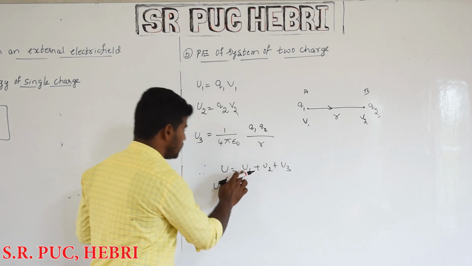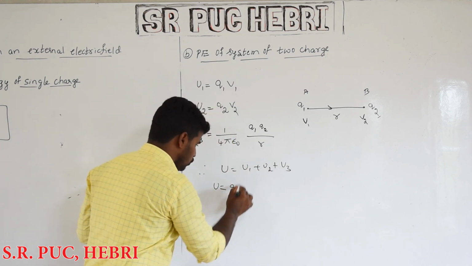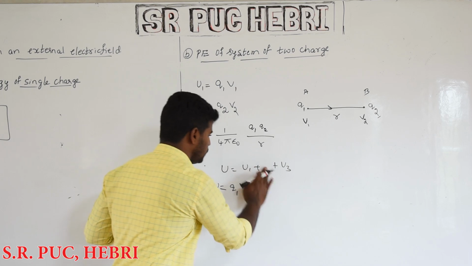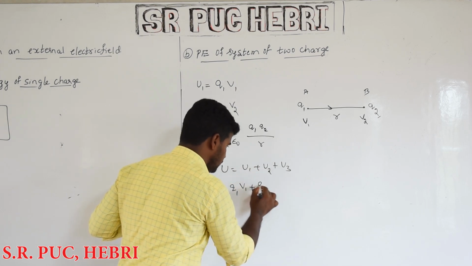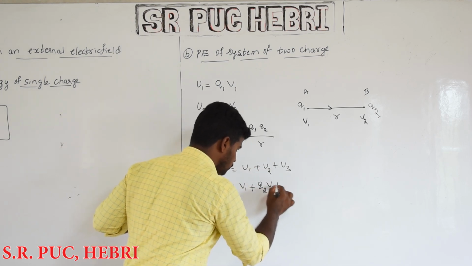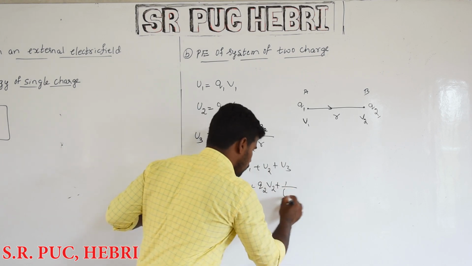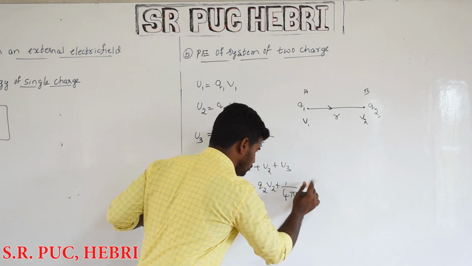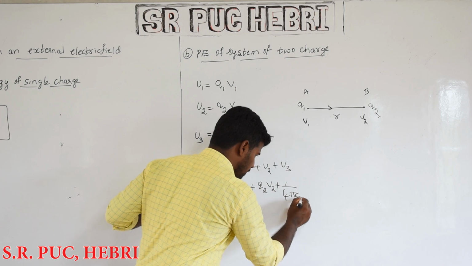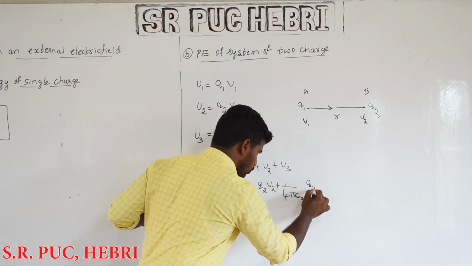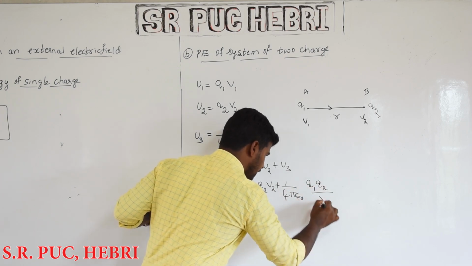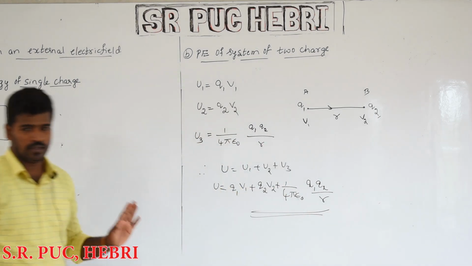Therefore, U is equal to Q1 V1 plus Q2 V2 plus 1 by 4 pi epsilon naught times Q1 Q2 divided by R is the expression. Is it clear?